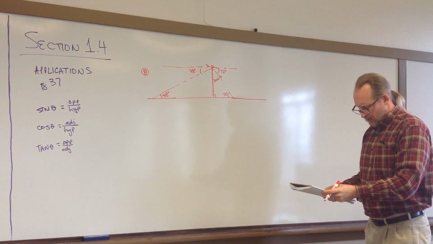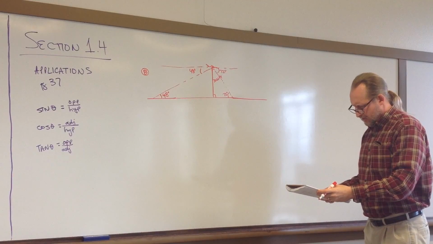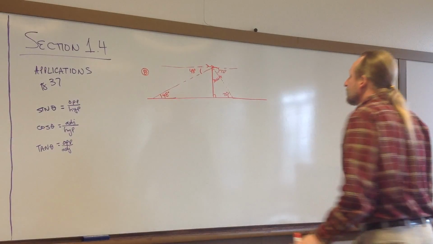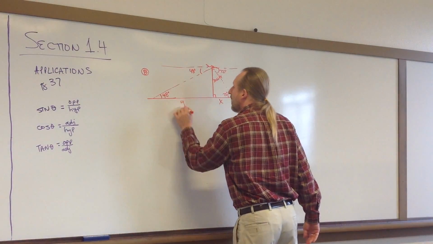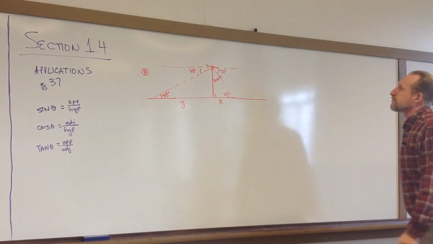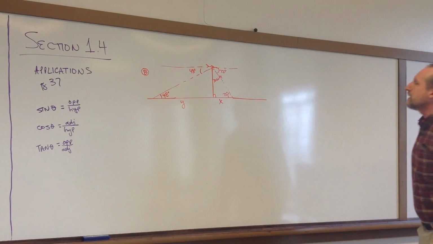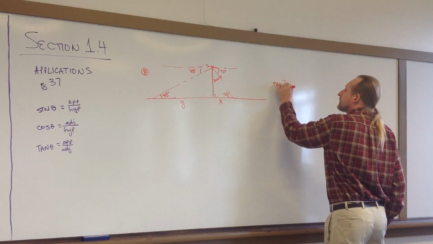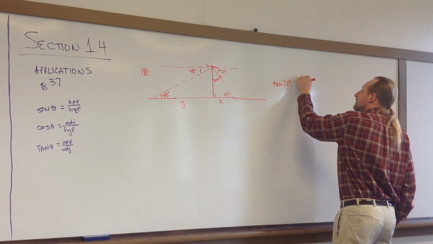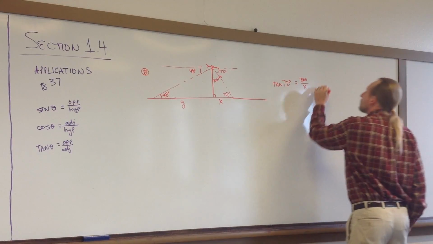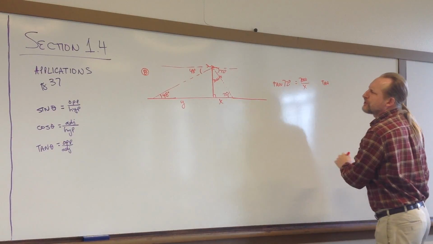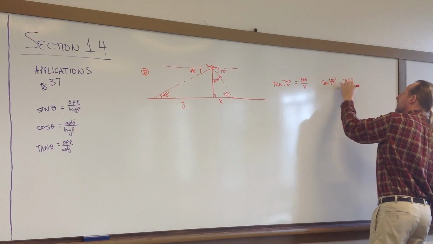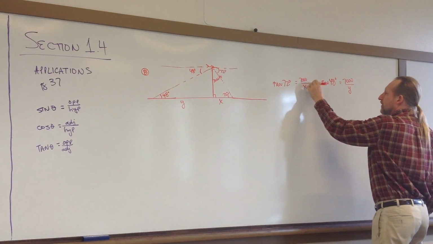So what do we want to do? How far apart are the cars? Well, in this case, I'll just find x and y and then add them together. So we can say tangent 72 is 7,000 over x, and tangent 48 degrees is 7,000 over y.